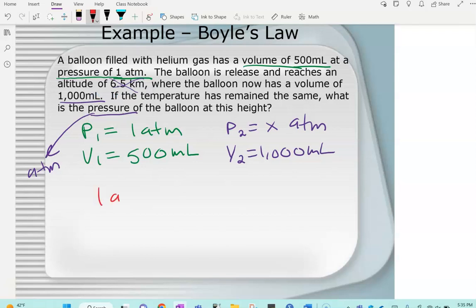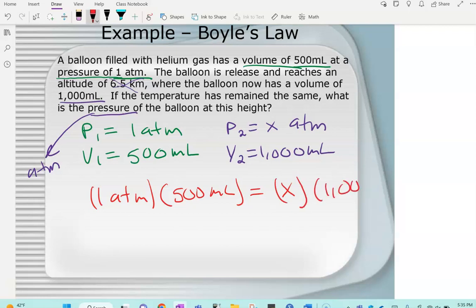So this is what it's going to look like when I plug everything in. P1 is 1 ATM times V1, which is 500 milliliters, equals P2, which is x ATM, that's what we're solving for, times 1,000 milliliters.